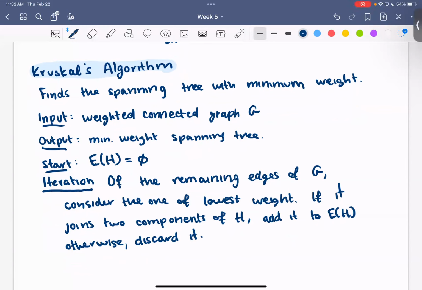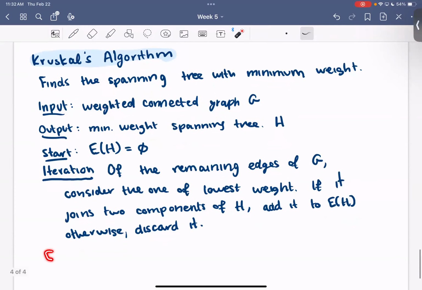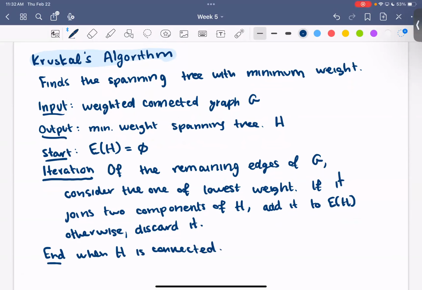H is going to be the output tree, so for our output, we'll have a spanning tree called H. We'll end this when H is connected, and that's going to be the spanning tree of minimal weight.